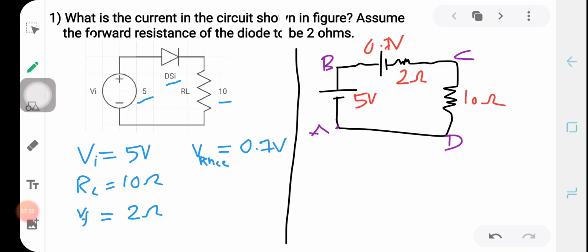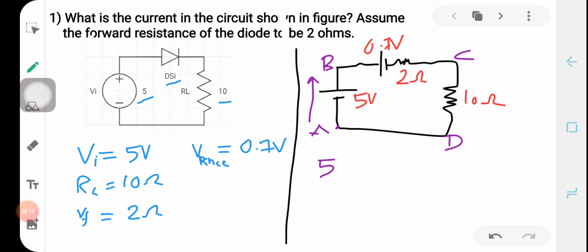So when going from A to B, we go from the negative terminal of the battery to the positive terminal, so we have a rise in potential, represented by 5 volt. Now from B to C there are two voltages.